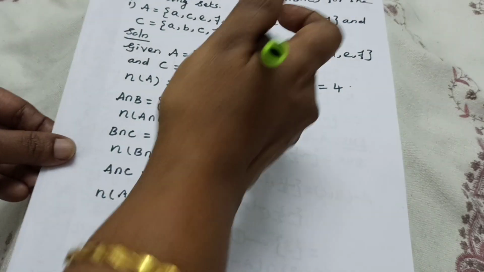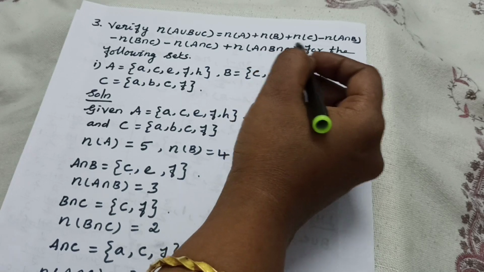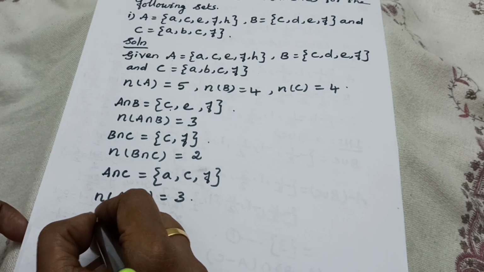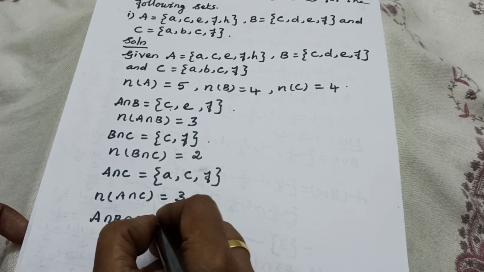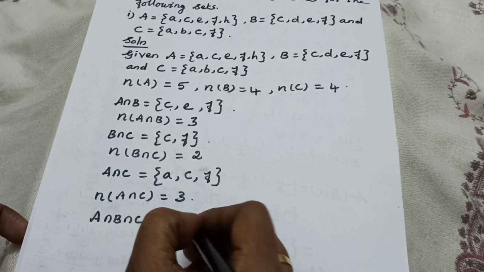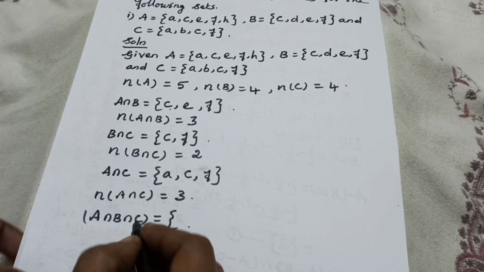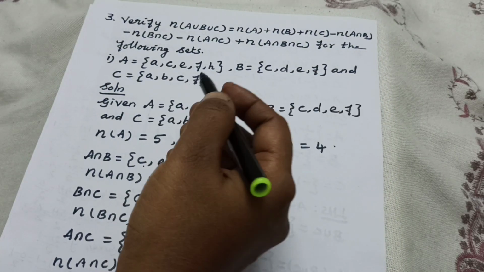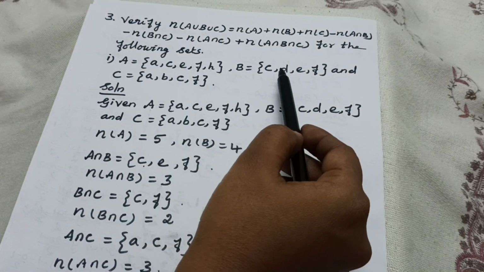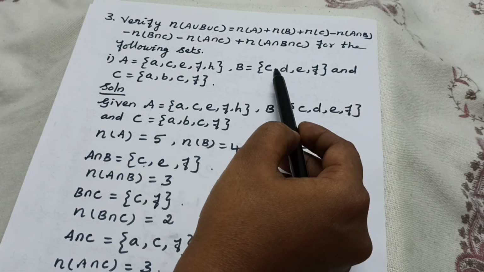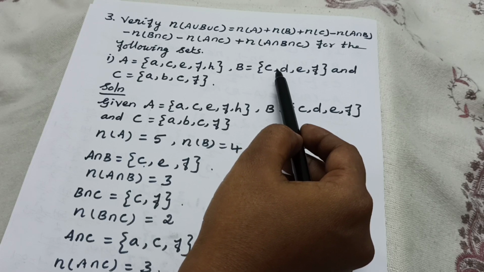Then afterwards you see n of A intersection B intersection C. Okay. First we have to find A intersection B intersection C, how can we find it, you say? A, B, C, 3 also which is common. Here A is in C set but it is not in B set, isn't it?